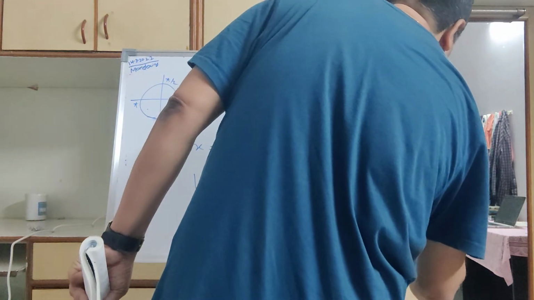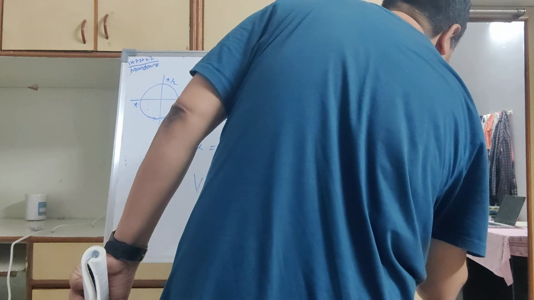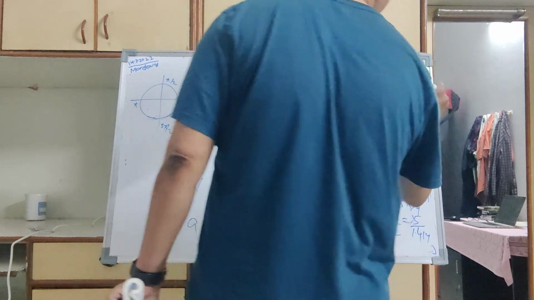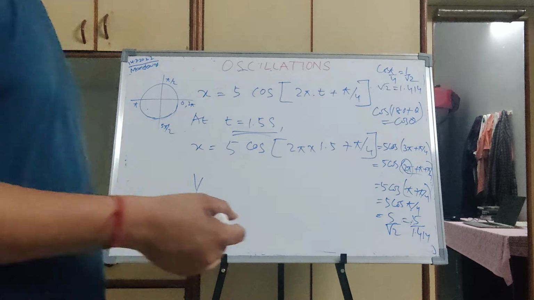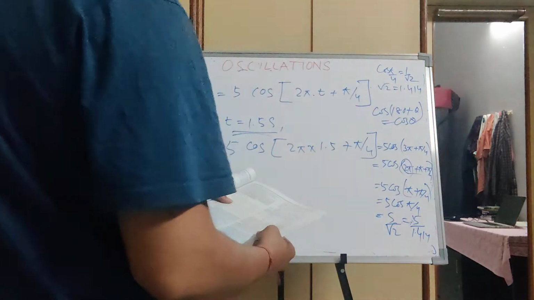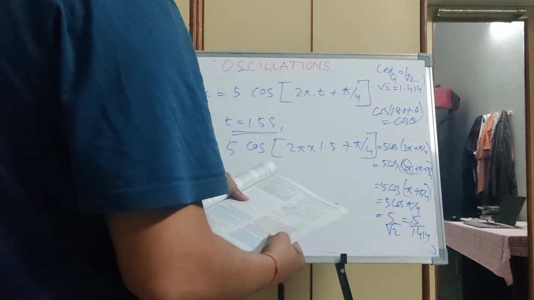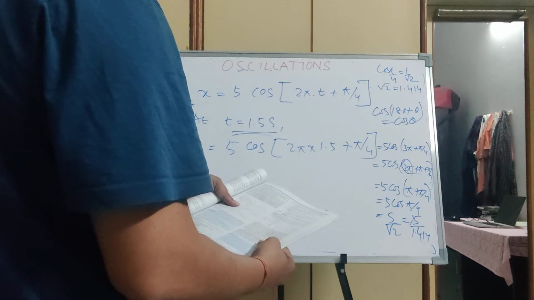Root 2 is 1.414, so always remember this value. You don't have to spend too much time. So this is 5 divided by 1.414.